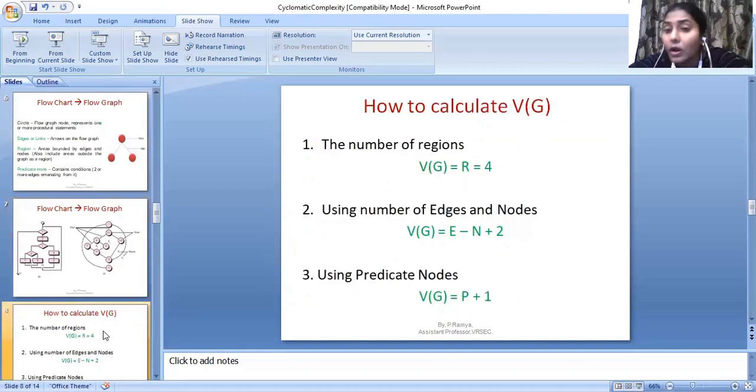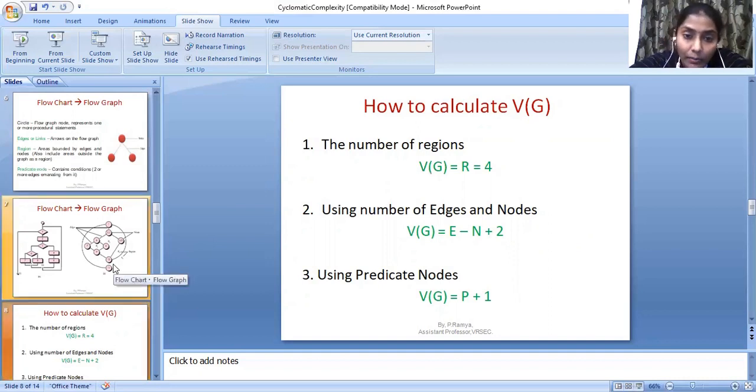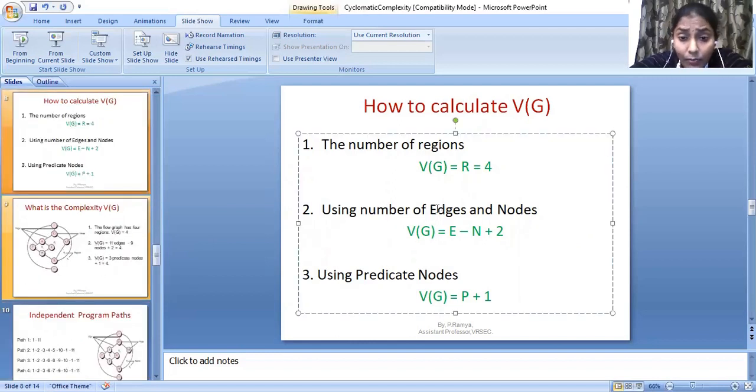As I told you, cyclomatic complexity is a quantitative metric to know the complexity of the code. So our example code is of complexity 4. And the second way is with the help of edges and nodes. E represents the edges and N represents the nodes.